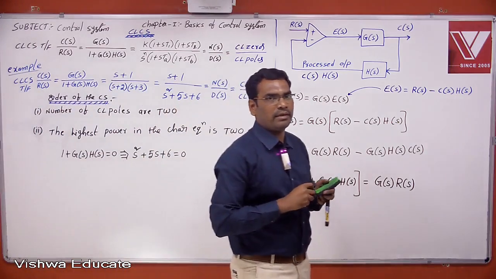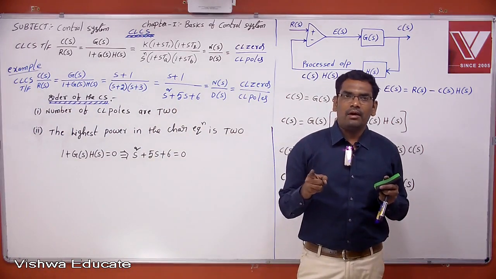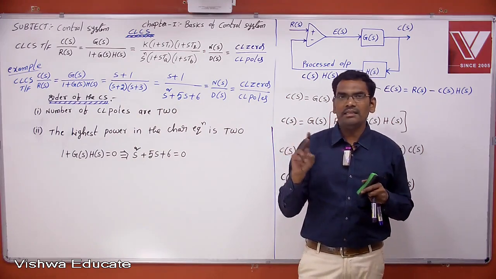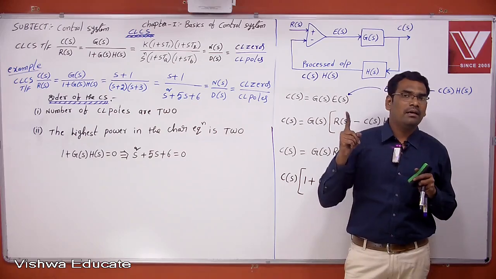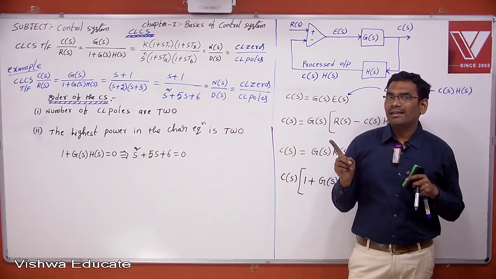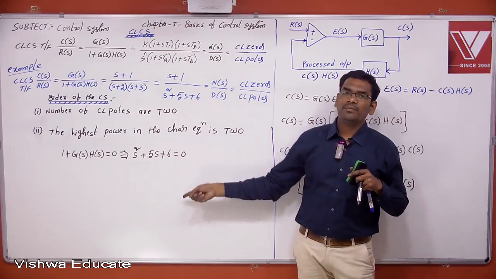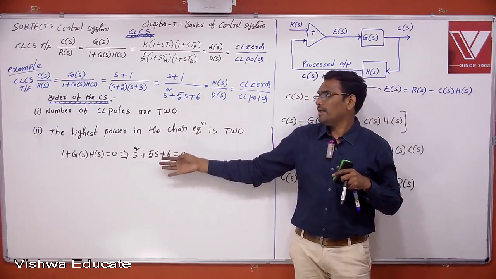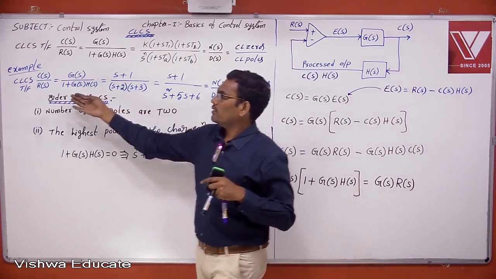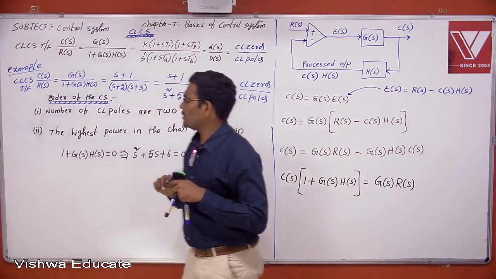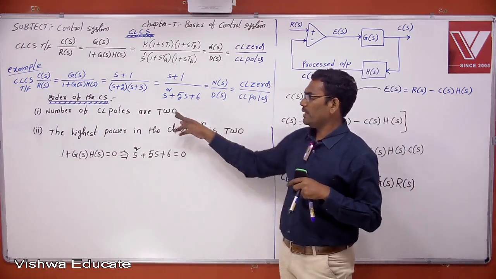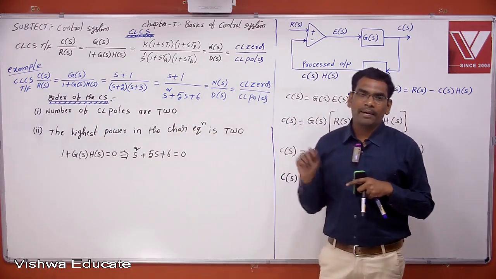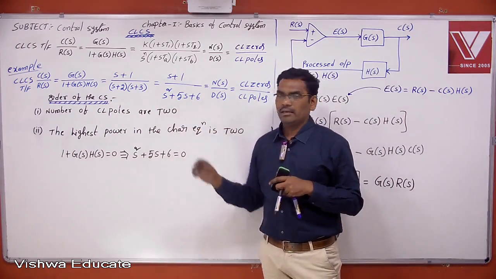One is type, another one is order. You just see these 2 differences. Type is the parameter which you get from the open loop control system. Order is the parameter which you get from the characteristic equation, and that characteristic equation is nothing but the property of the closed loop control system. Take this one. This is the order definition.